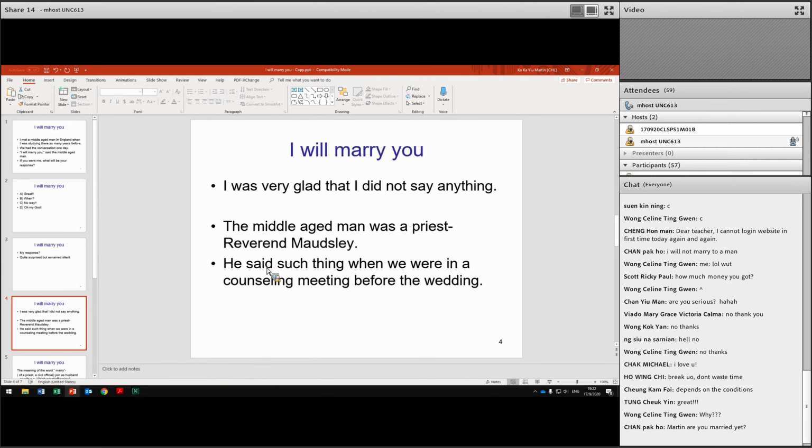The context: he said such a thing when we were in a council meeting before the wedding, because I got married in England. I had my wedding in a church. Usually before the wedding, there will be a council meeting, and the reverend will conduct it. When he said, "I will marry you," I was a little bit surprised. I did not quite understand what he actually meant.